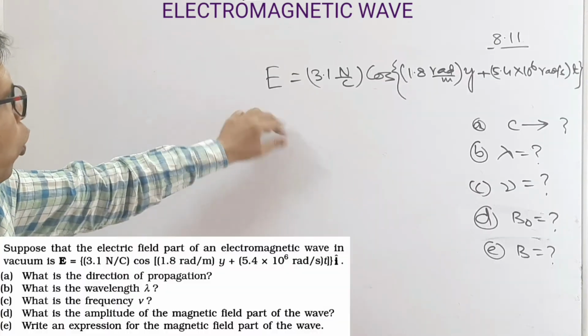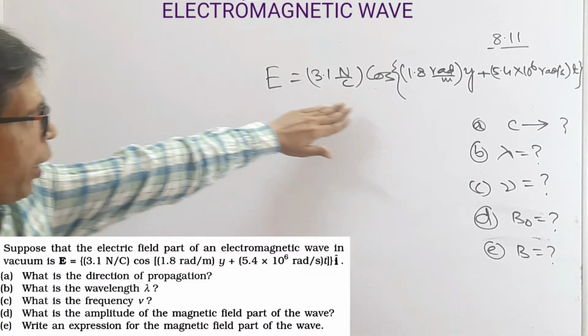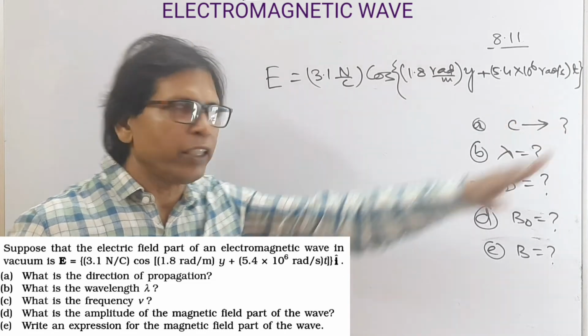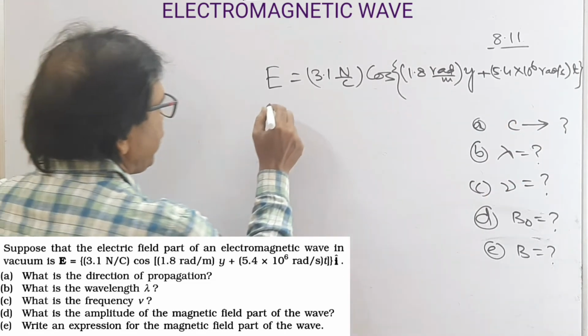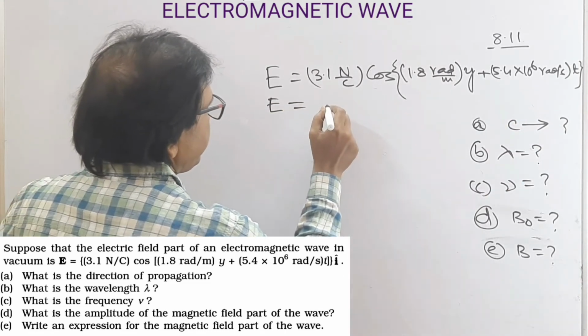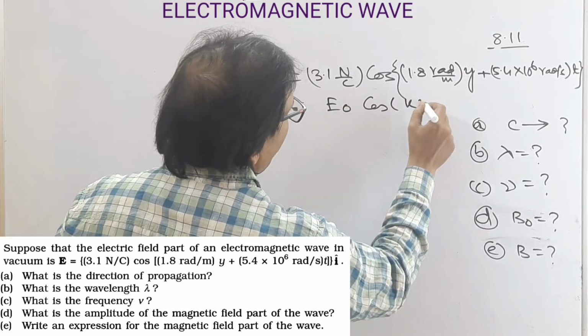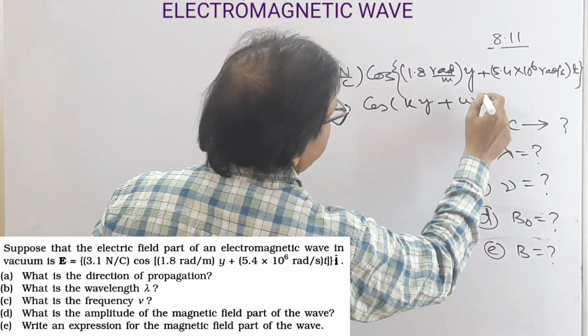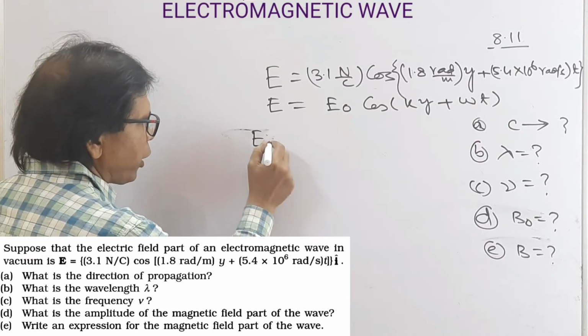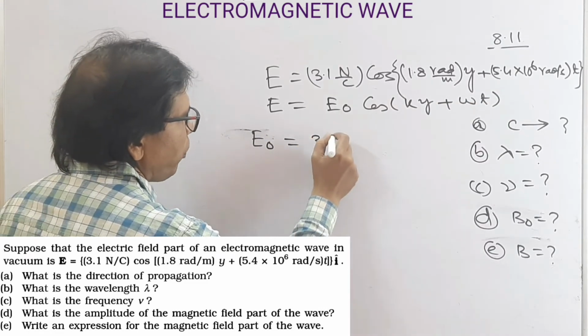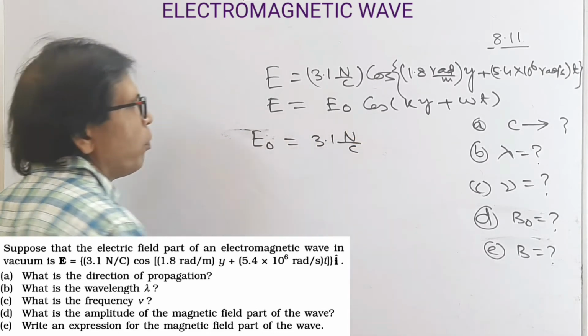Okay. Now look at this, the equation of an EM wave is given. If we compare this equation, this is E naught cos of ky plus omega t. The amplitude of the electric field E naught equals 3.1 Newton per coulomb.